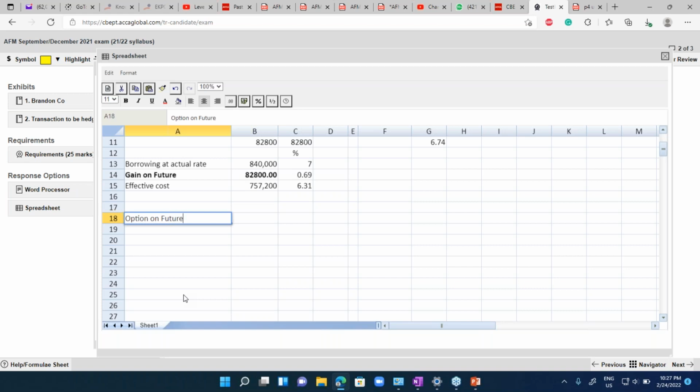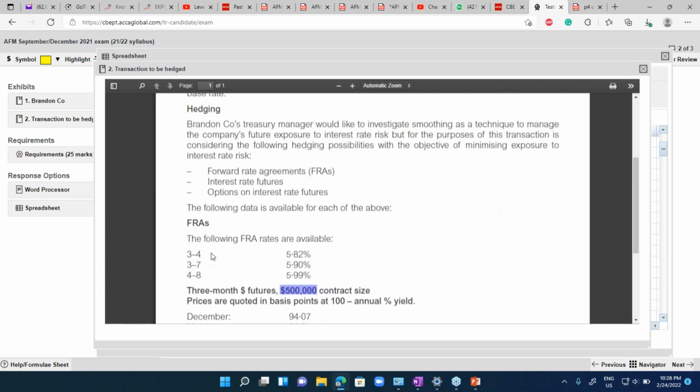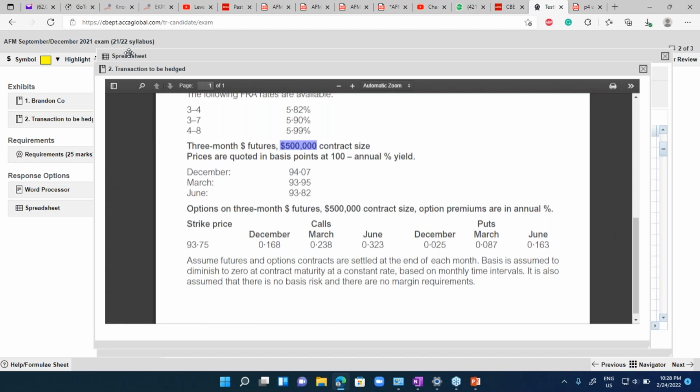Option on future. Remember, it's option on future. Borrowing 36 million. As we are borrowing, that means it's put option. March put option. And exercise price will be 93.75.